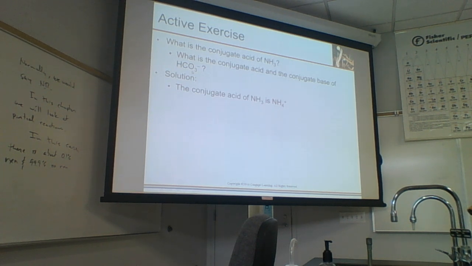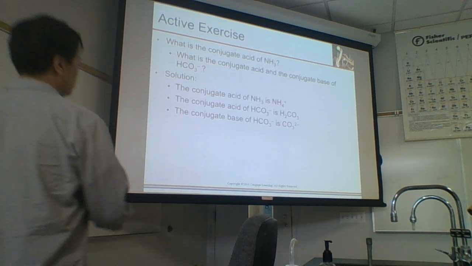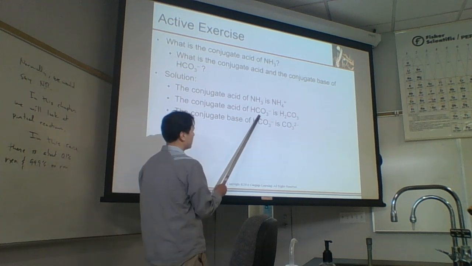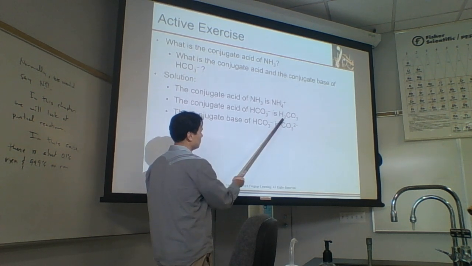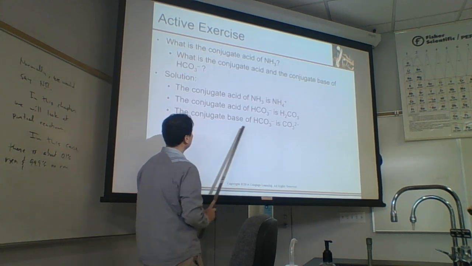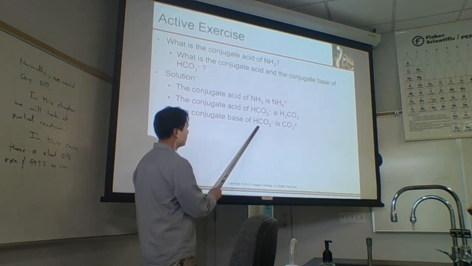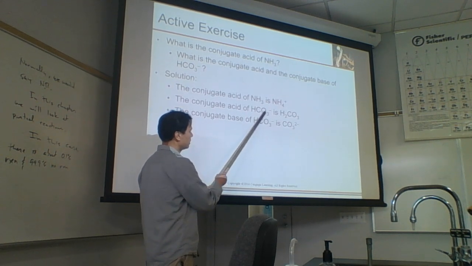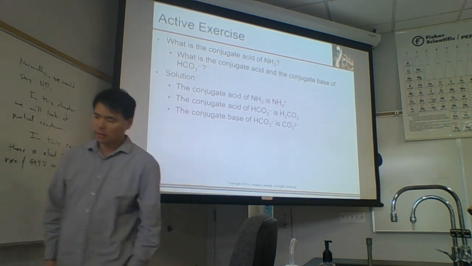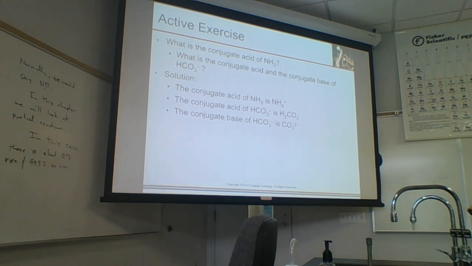Well, bicarbonate's amphoteric. The conjugate acid of bicarbonate means bicarbonate's acting as the base. If bicarbonate acts as the base, it takes the hydrogen, forms H2CO3. If they're looking for the conjugate base, then that means bicarbonate's acting as the acid, so it loses the hydrogen. The bicarbonate can go either way, and act as an acid or act as a base.